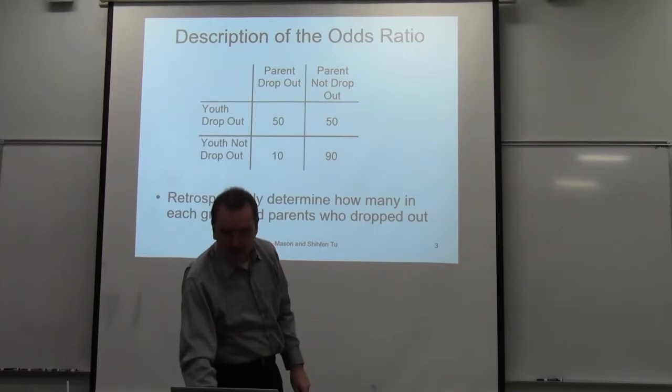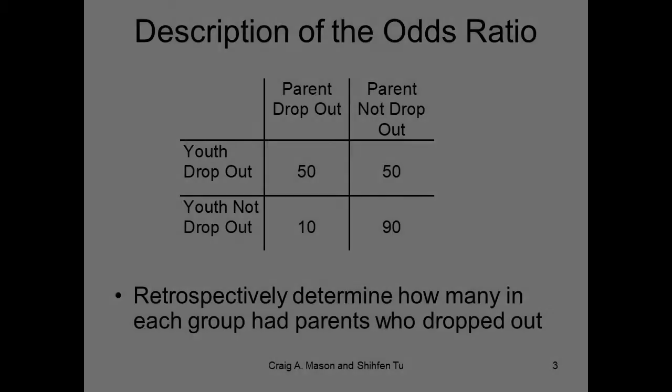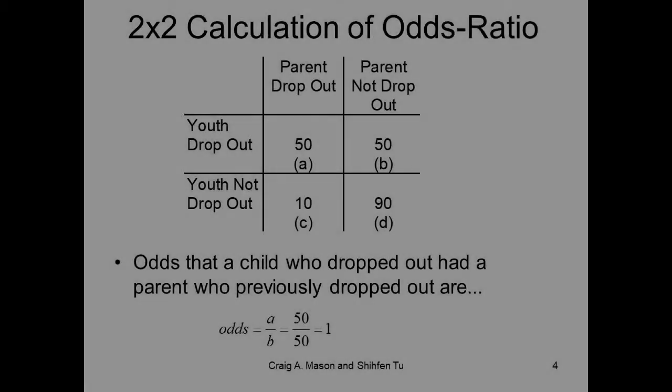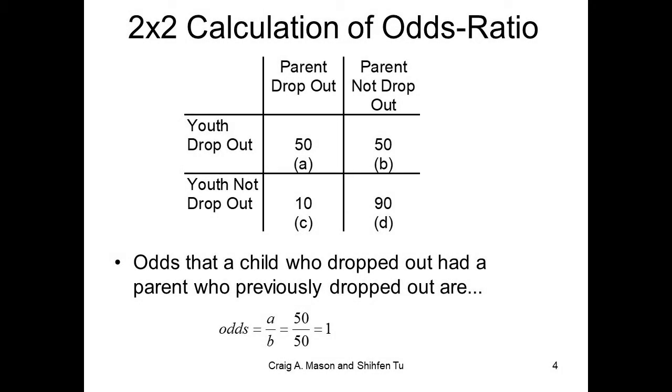The language we'll use is that we're going back retrospectively, in this case, figuring out if the parent dropped out or not. Based on this, we can calculate the odds that a child who dropped out had a parent who previously dropped out.